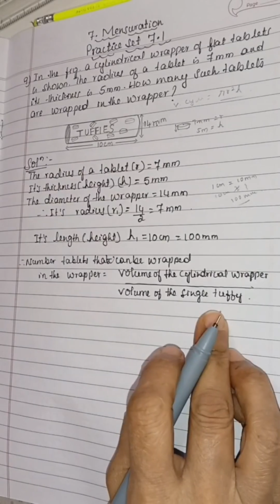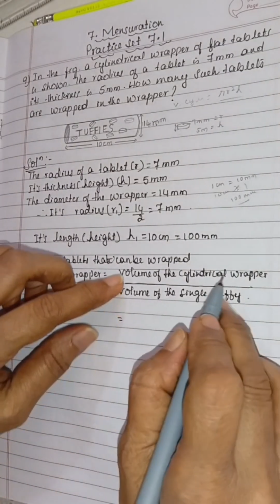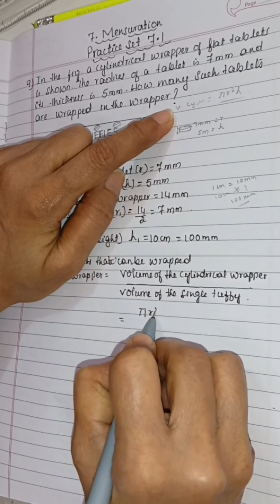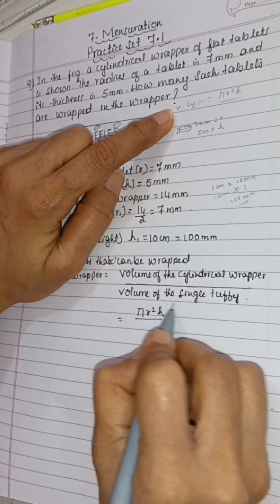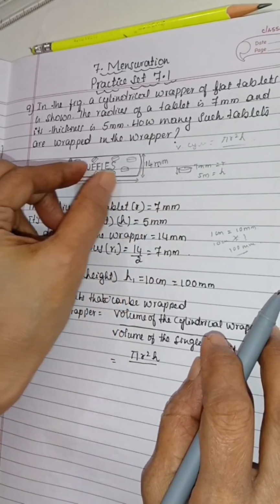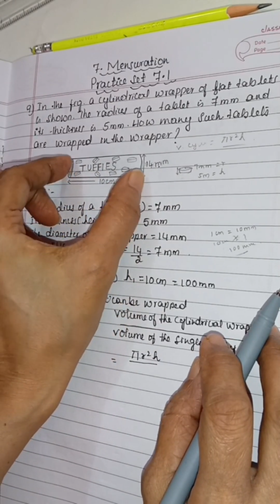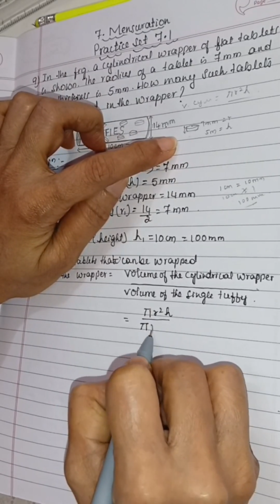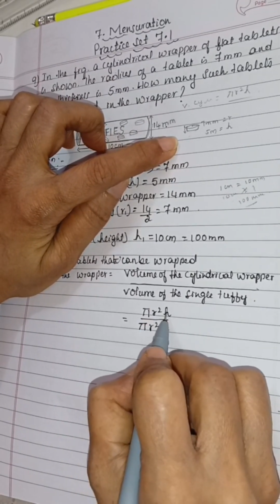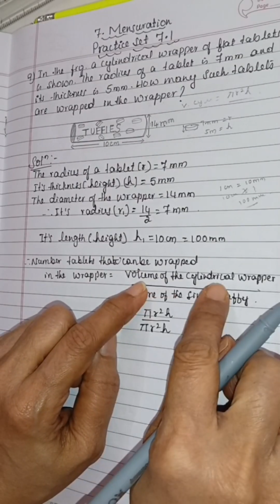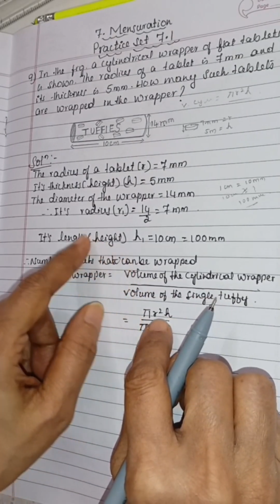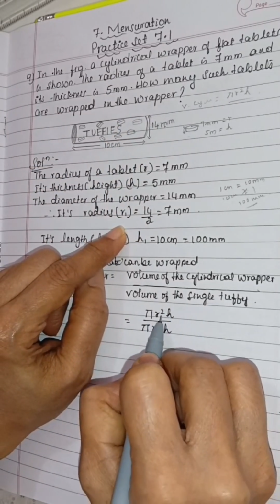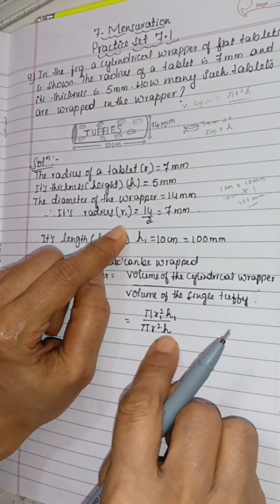Volume of a cylindrical wrapper means volume of a cylinder, that is pi r square h, divided by volume of a single toffee. A single toffee is also a cylinder, so here also we apply pi r square h. Here it is the volume of the cylindrical wrapper, so the diameter of the cylindrical wrapper gives R1. This is R1, H1, and this is R and H.